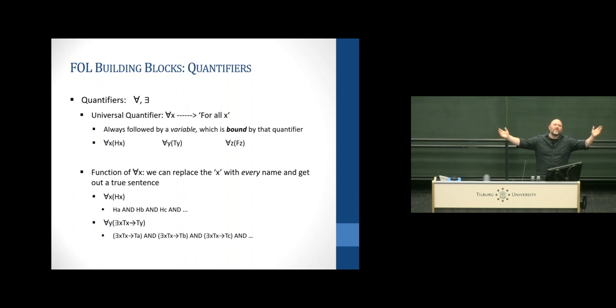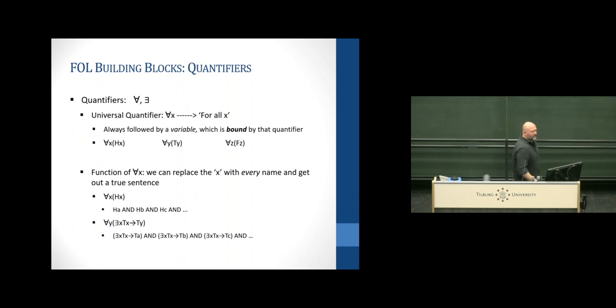Or everything human? Well, no. I mean, this thing isn't. Again, the universal genuinely says everything can be plugged in here. You can replace the associated variable with any object in the domain and the sentence will come out true.